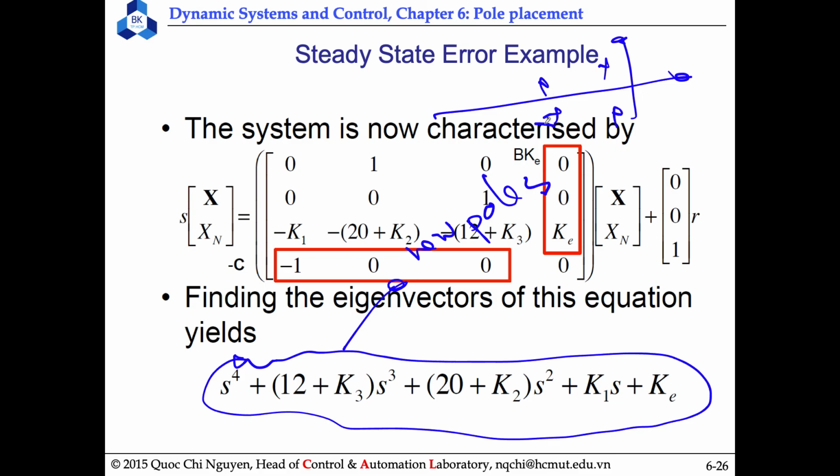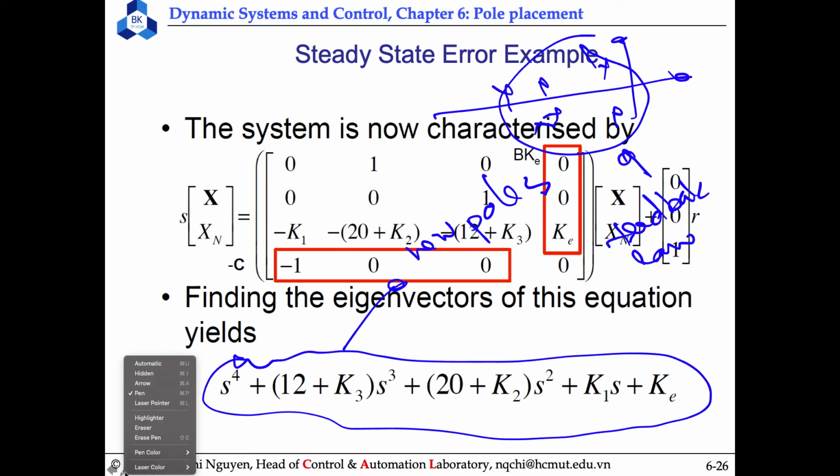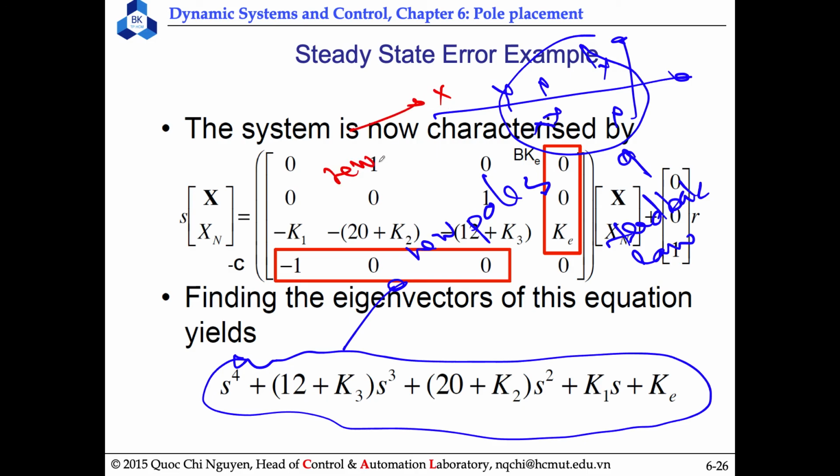We already designed some poles by using the feedback law, right? But by adding the integral, we have a new pole here. This new pole could affect the system, right?